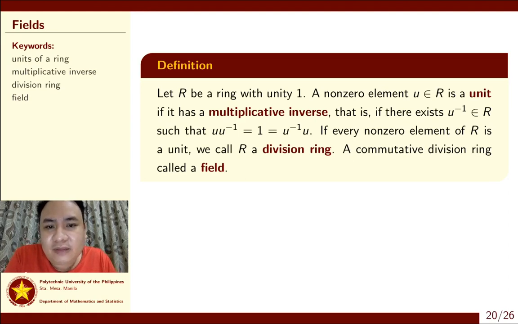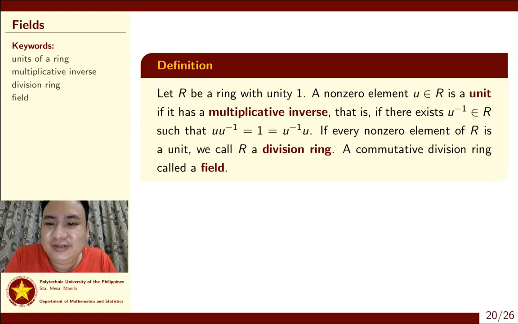Now, ito na. Kung lahat ng non-zero element, halimbawa, tingnan nyo yung set of real numbers. Diba lahat ng non-zero element may kanya-kanyang mga multiplicative inverse? Kapag nangyayari yun, lahat ng non-zero element ay may multiplicative inverse o yung mga unit sila. Ang tawag sa ring na yun ay division ring.